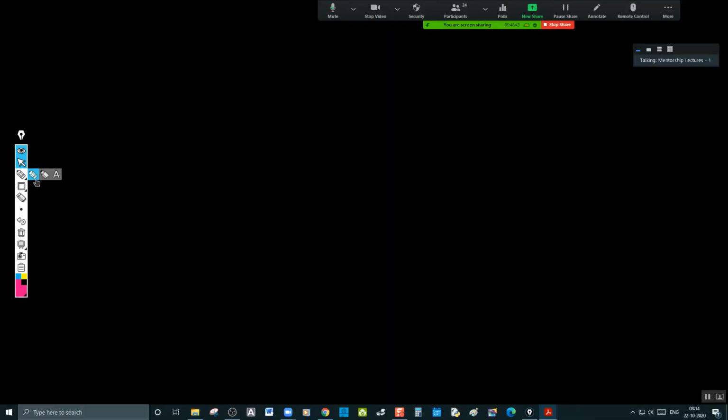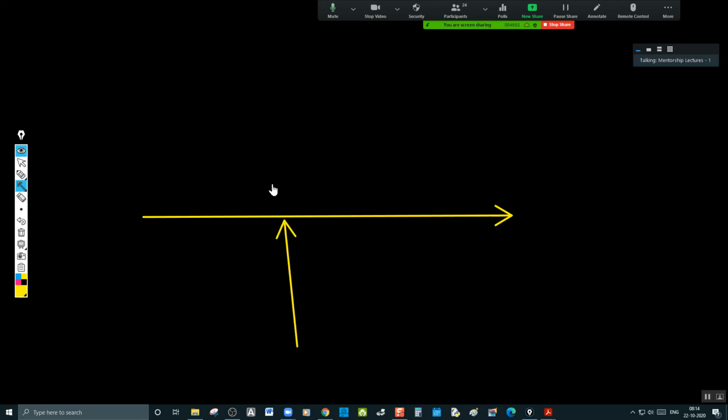If you take the graph of step x, the graph of step x goes like this. This is the x-axis and this is the y-axis.